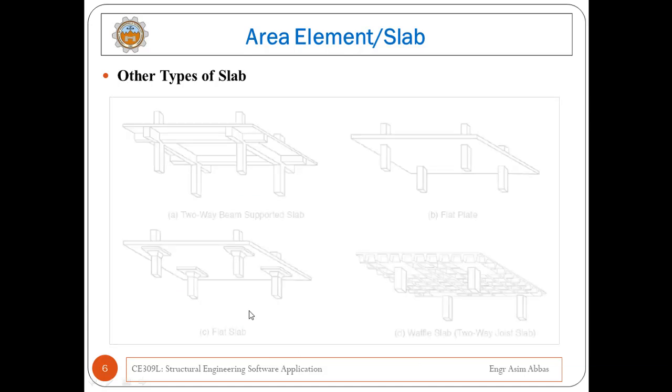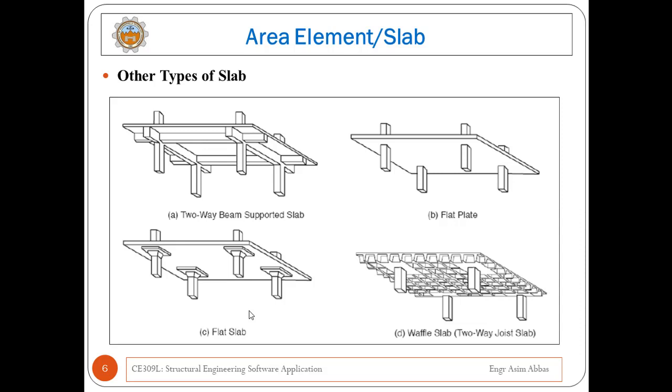Now other types of slab, there are mainly 4 other types. One is the two-way beam supported slab, and this kind of slab is supported by beams in both directions. The second type is the flat plate, where the slab is supported over columns only.